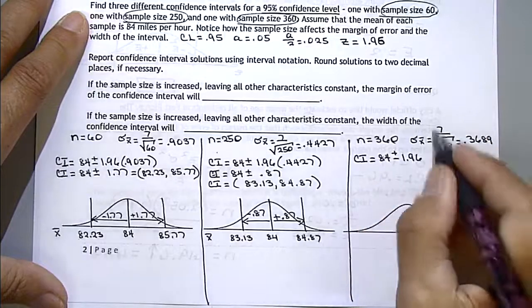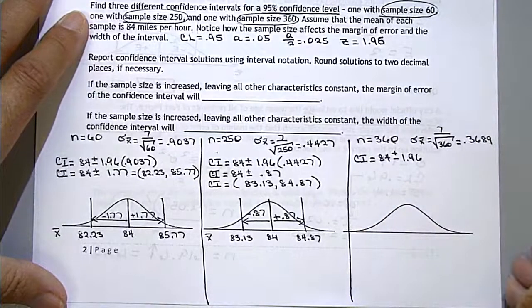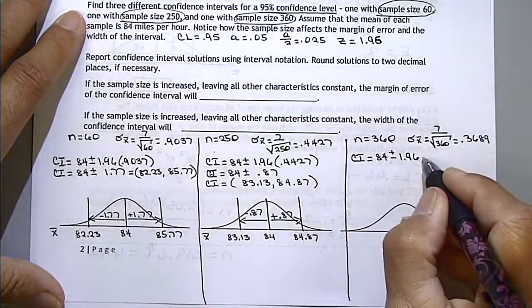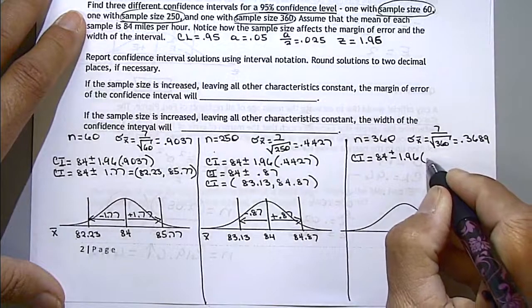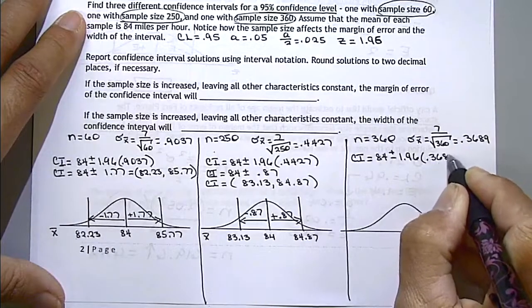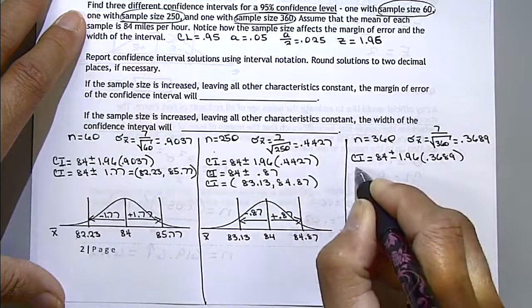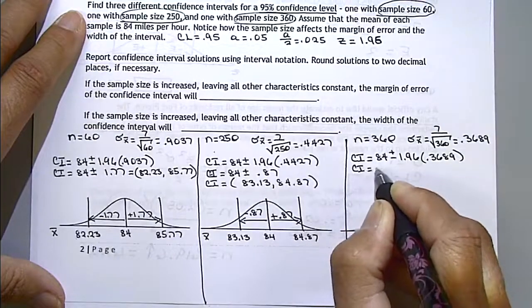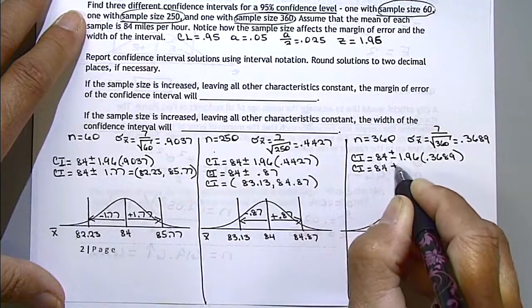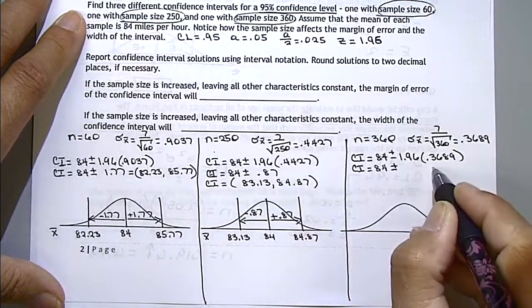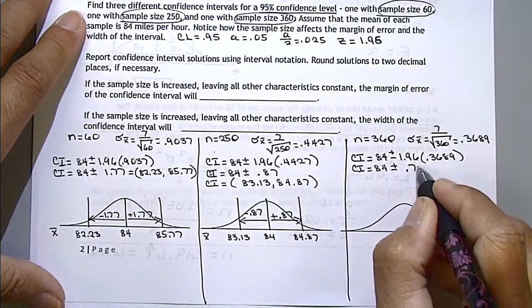Nothing's changing except for the sample size, so the only thing changing is that standard deviation. And it's going to be times this 0.3689, which does change the margin of error, doesn't it? And that margin of error looks like 0.72.